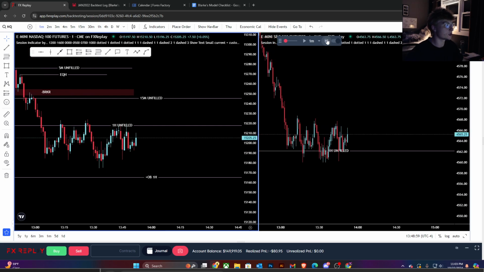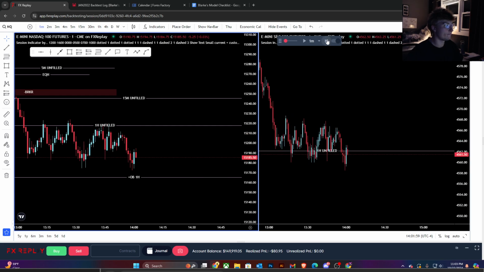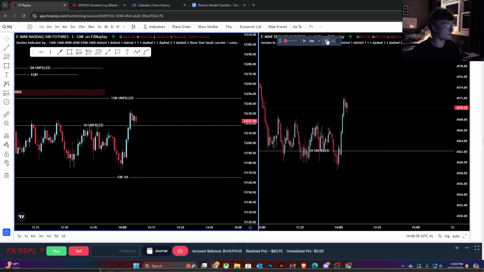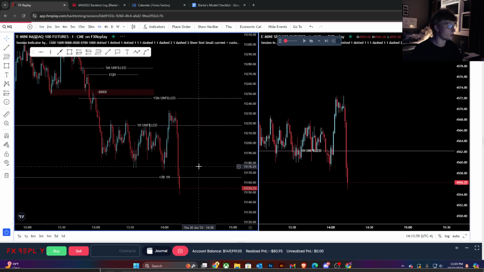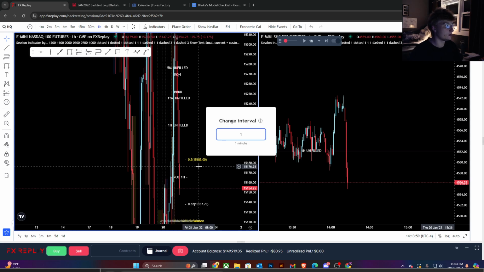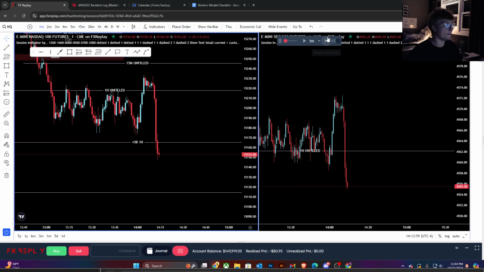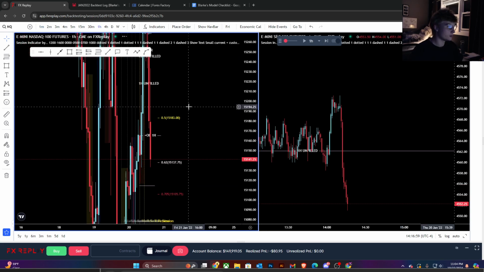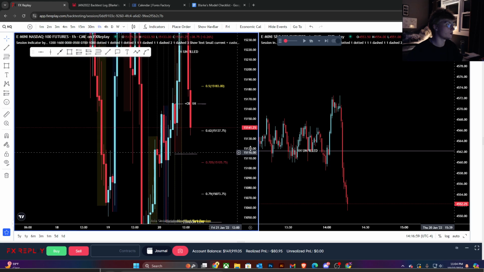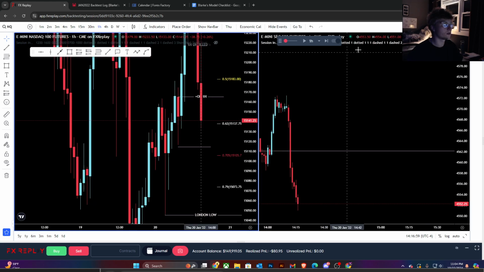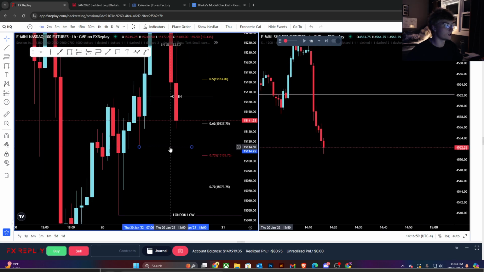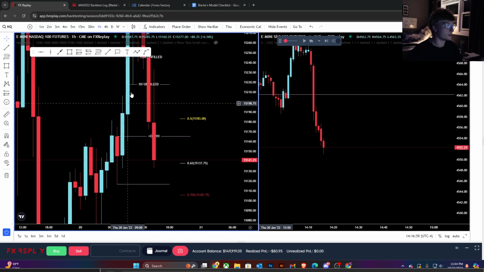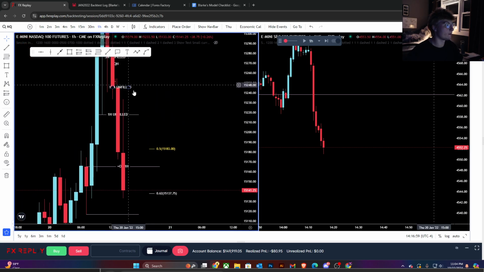But right now we're just chopping. Alright, nice. So we tap that hourly order block. Now I do like longs a lot. Let's see. But we could want to just run lower now. Towards this low. But yeah, hourly inverse here.